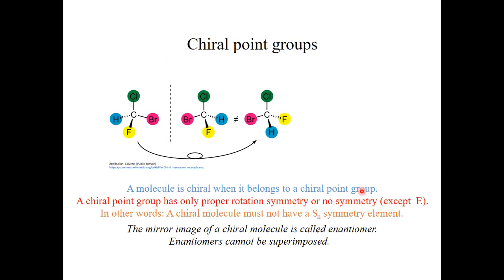In a different way, we can also say a chiral molecule must not have an Sn symmetry element, no improper rotational axis. Remember, this also includes the inversion center as well as the mirror planes, because an inversion center is the same as an S2 improper rotational reflection. And a mirror plane is nothing else but an S1 improper rotation.